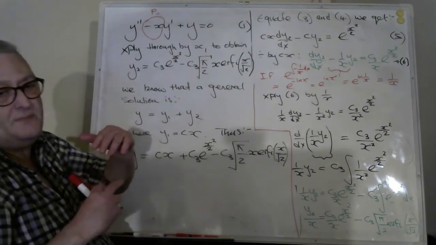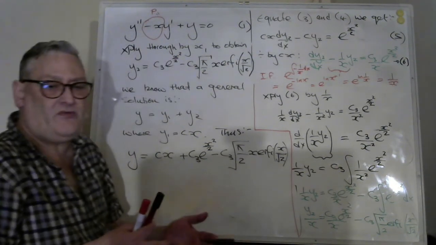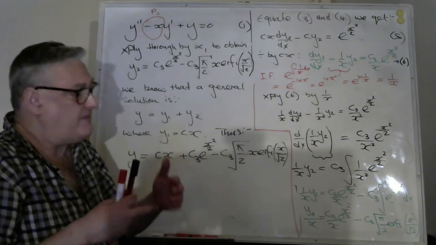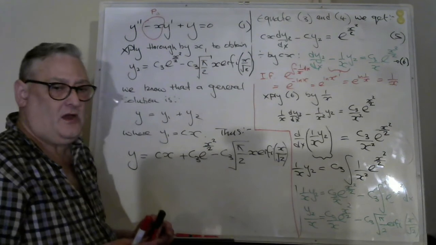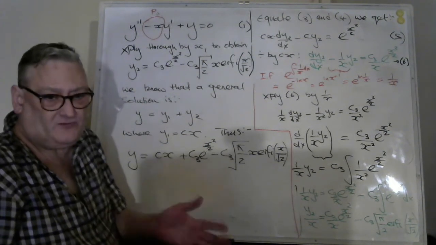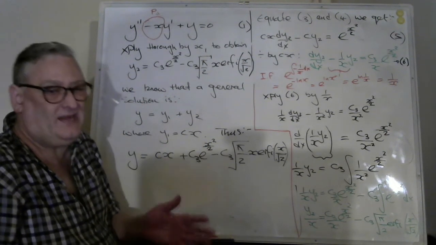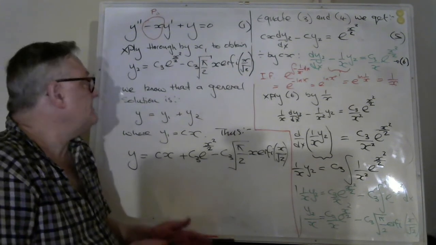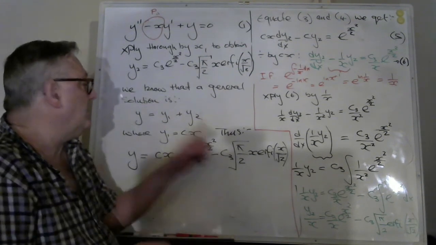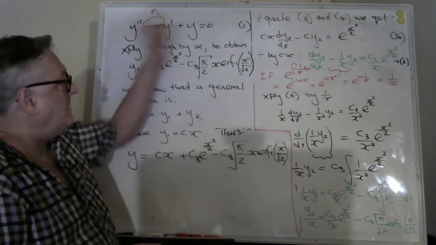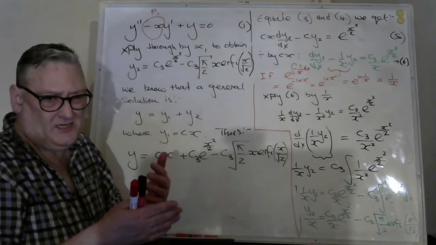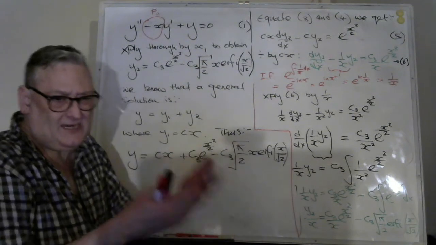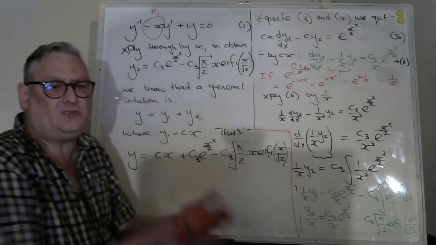So you have to use a bit of trial and error to start with. It might not even be possible to do that for some of these types of equations. You might have to resort to a computer which will at least have a go at finding an analytic solution like this for some of these types that really don't give an obvious and linearly independent solution to start with.